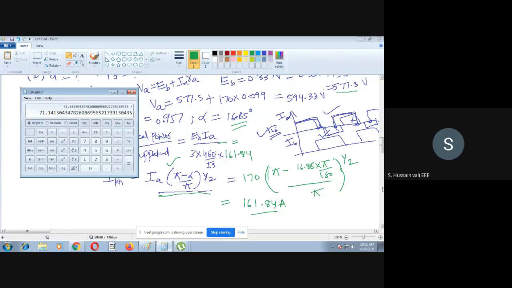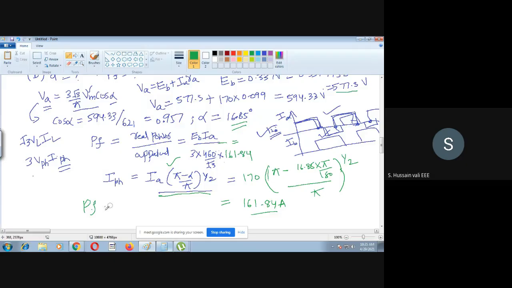We get 0.76. So the supply power factor is 0.76, lagging. This way you will find it out.